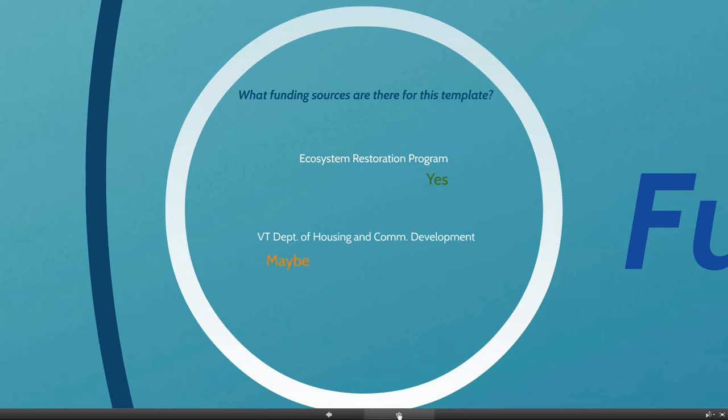It's more of a site-specific question. That would have to be on a case-by-case basis depending on the exact scope of the project, whether or not that would be fundable through their grant program. And these are generally fundable through the Better Back Roads program, which is really geared specifically towards rural road erosion.